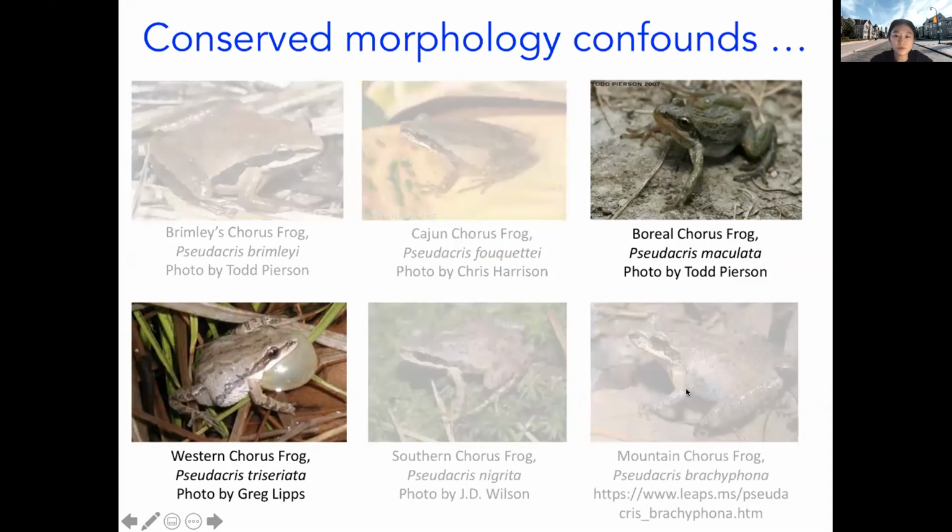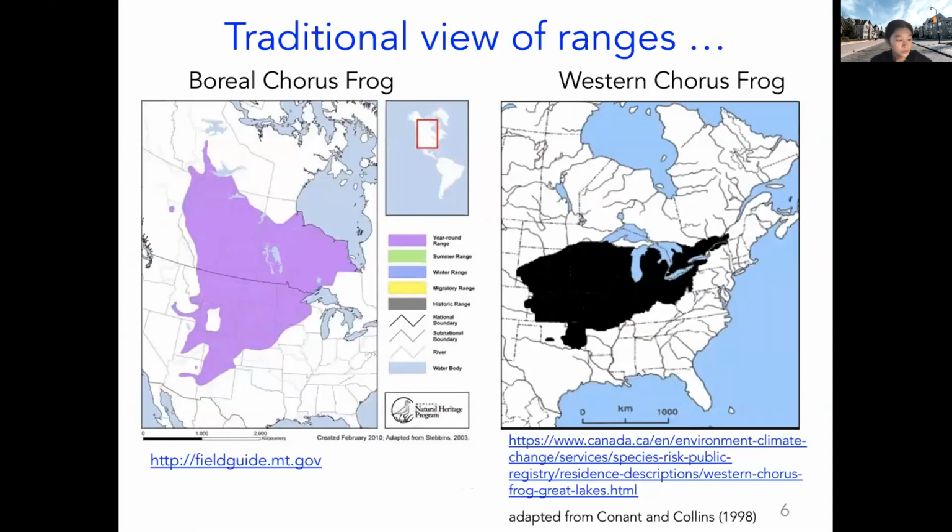So we have four chorus frogs in Canada, and two of which, the Boreal chorus frog and the Western chorus frog, are the focus of our genomic study, which I will present today. Our traditional view of the distributions of the two frogs is based on morphology and call playbacks. The Boreal chorus frog was thought to be mainly found in West North America, from the Southwest US to the Northwest Territories in Canada, over to the James Bay lowlands.